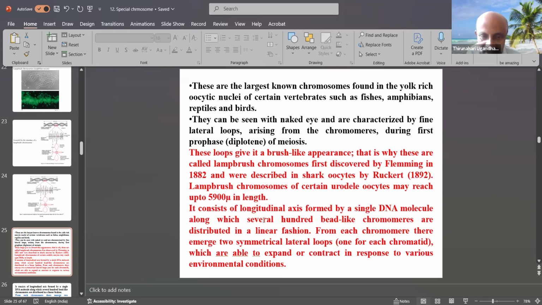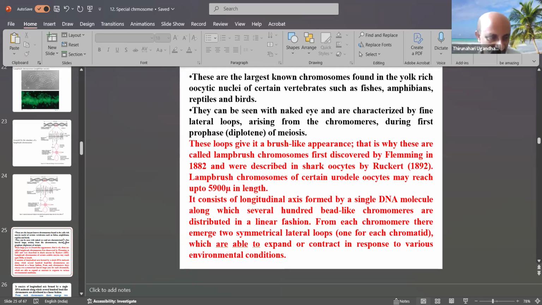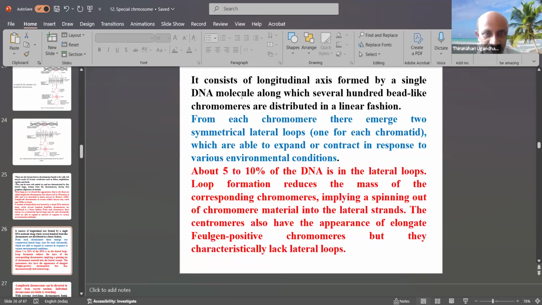It consists of a longitudinal axis from a single DNA molecule, with several parts. On either side of the longitudinal axis is a coil structure called loops.